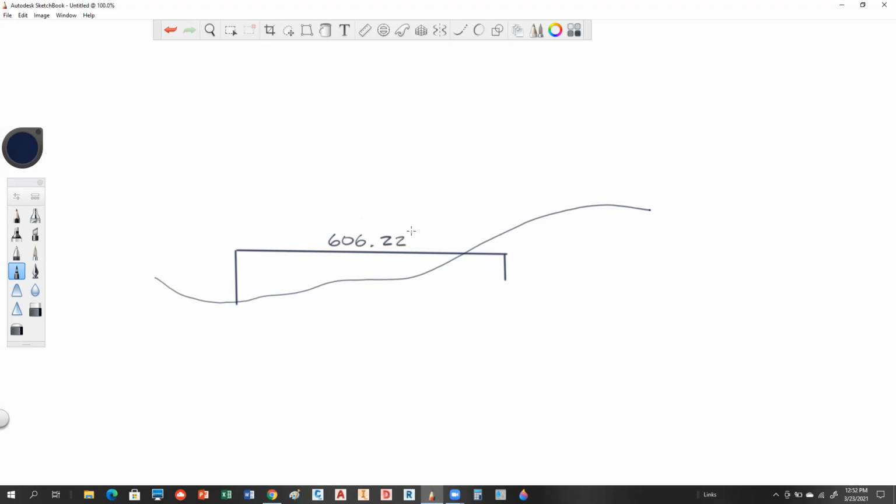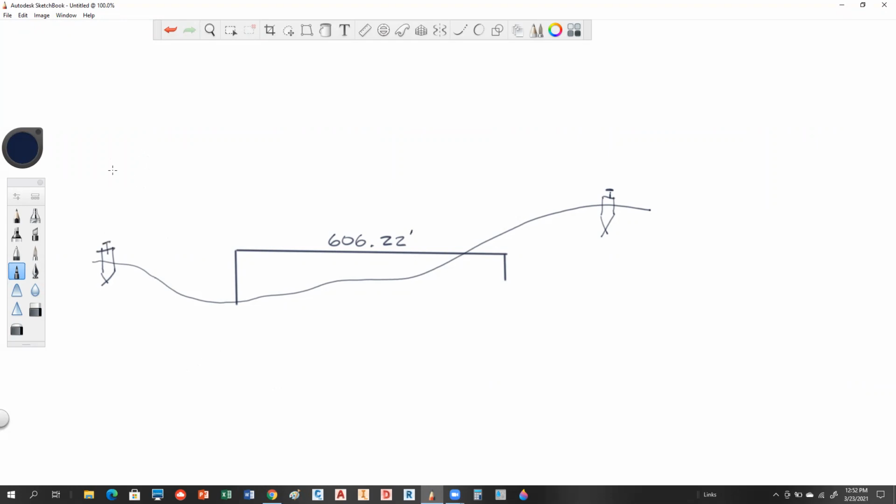And the finished floor on this building, let's say, is 606.22. Okay, so an engineer has spec'd out that's going to be the finished floor of that building. So you've gone out here and you've set stakes in the ground and they're at some offset. So I've got one stake sitting here, sitting in the ground. You've got a tack on it. And we ran elevations on that. And we did another stake offset here, and it's sitting in the ground again.